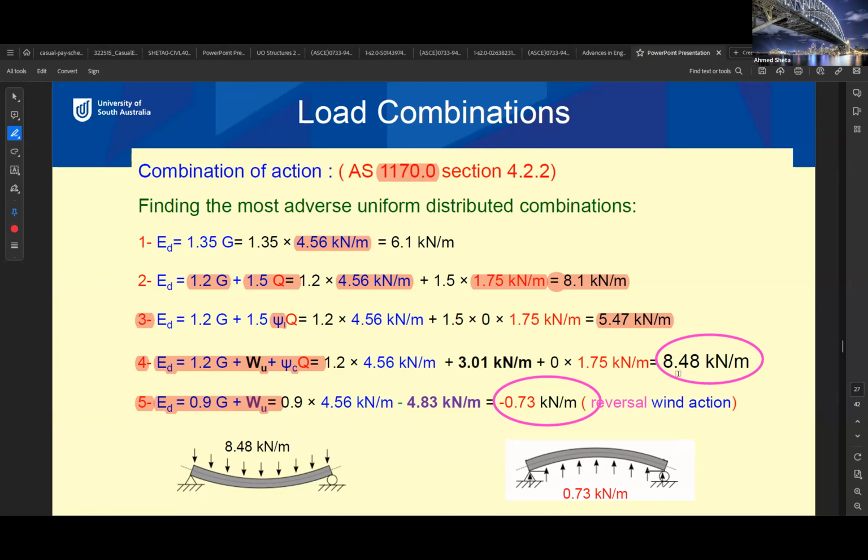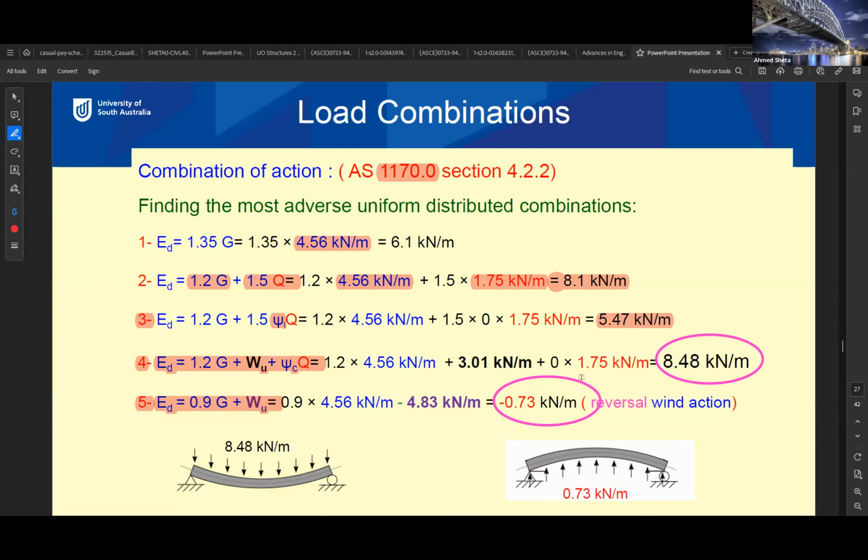Okay. So what will we be using? Number 4 and number 5. Number 4 is the adverse in downward, and number 5 is the adverse in upward. Does that make sense? Yeah, that makes sense. Okay. Yep. So you have to select these two.